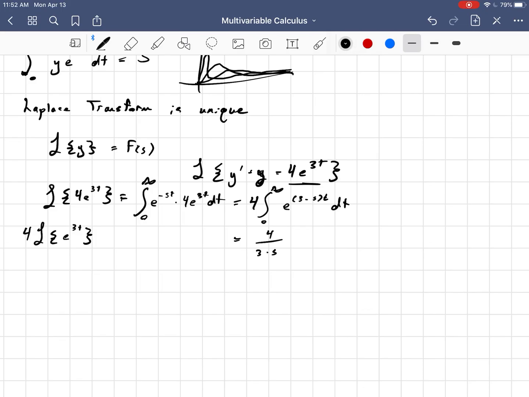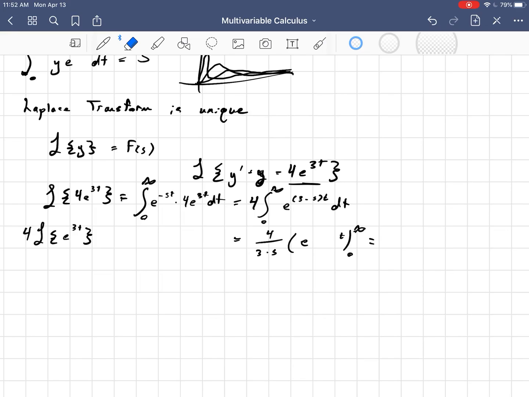So now this is going to give me 4 over 3 minus s, and now I'm going to plug in the bounds. So we have e to the 3 minus s t from t equals 0 to infinity. When t equals infinity, the whole thing goes to 0.